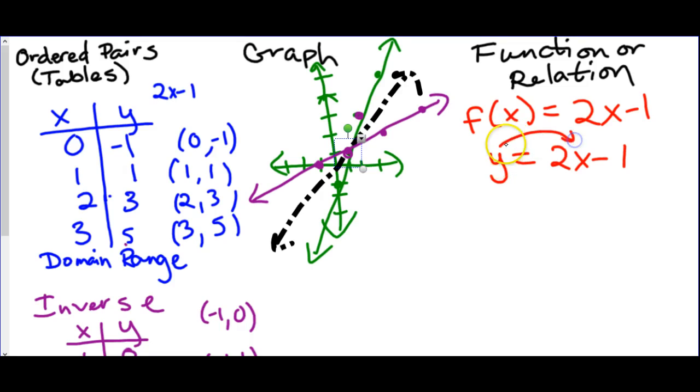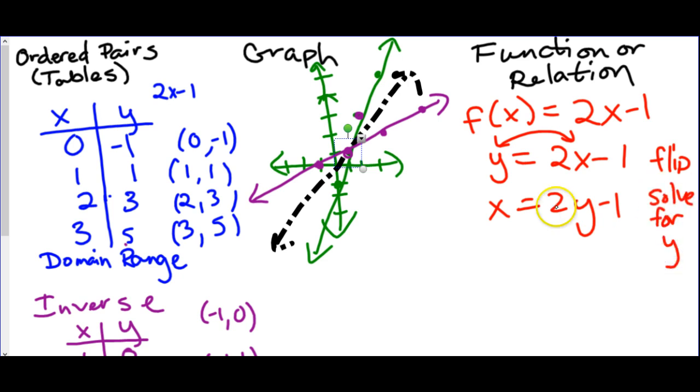Then we flip the x and the y. So there's a lot of flipping going on with these inverses. So here we flipped. Now we're going to solve for y. To do that, I've got to get rid of the minus 1, so I'd have to add 1 to both sides.